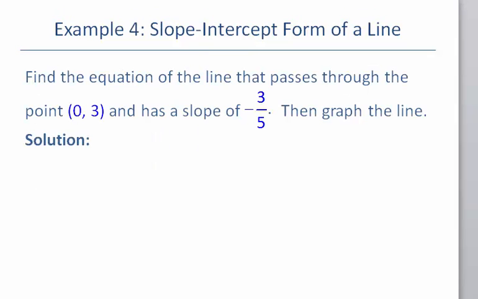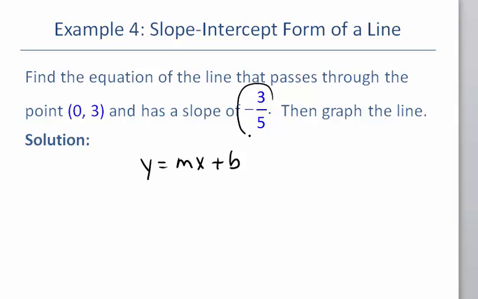Let's look at one other example. Find the equation of the line that passes through the point (0, 3) and has a slope of negative 3/5. Then graph the line. Remember that our slope-intercept form is y = mx + b.